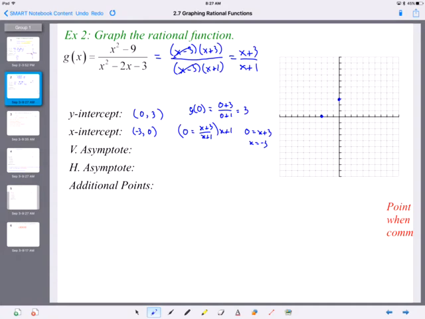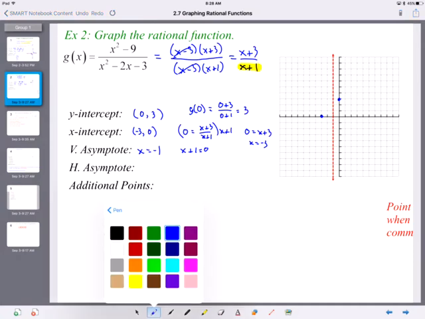We know the vertical asymptote comes from the denominator. So what value of x makes the denominator equal to 0? So x plus 1 equals 0, so therefore the vertical asymptote would be at x equals negative 1. We'll go ahead and graph that. The horizontal has to do with the degrees. Both degrees are 1.